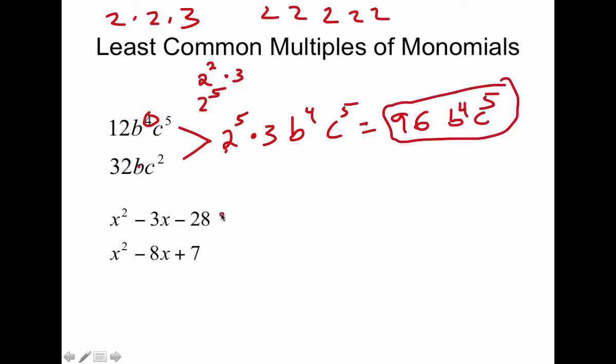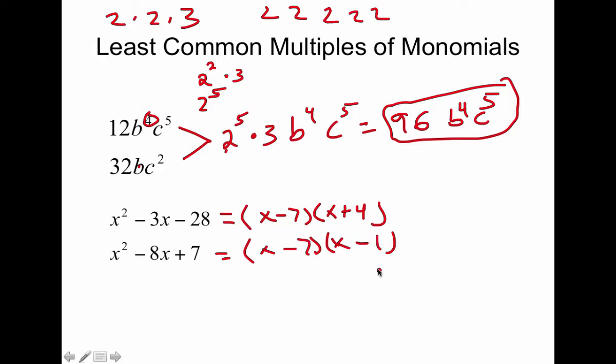Down here, the first thing I have to do is factor. This is x and x, I need a minus 7 and plus 4. This is x and x, I need a minus 7 and a minus 1.